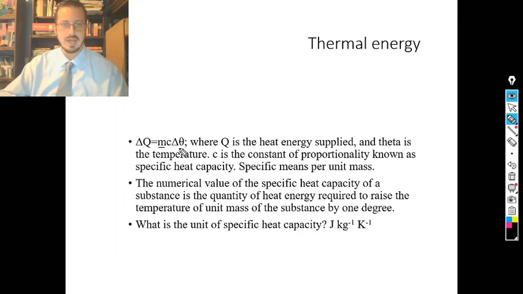So per unit mass per degree Kelvin. And that's why we need to have kilogram per degree Kelvin in the denominator to cancel out the units of mass and temperature. I'll leave it to you to work through what are the base units of specific heat capacity, and leave it down in the comments below.